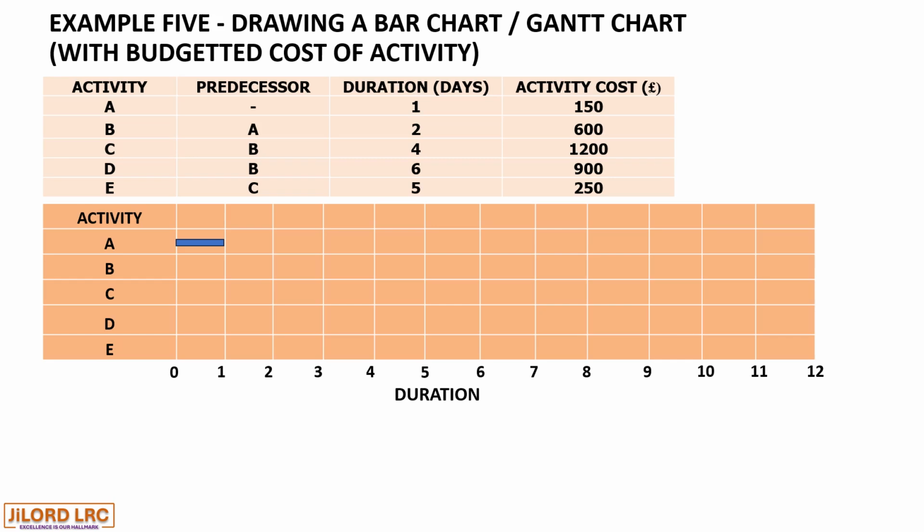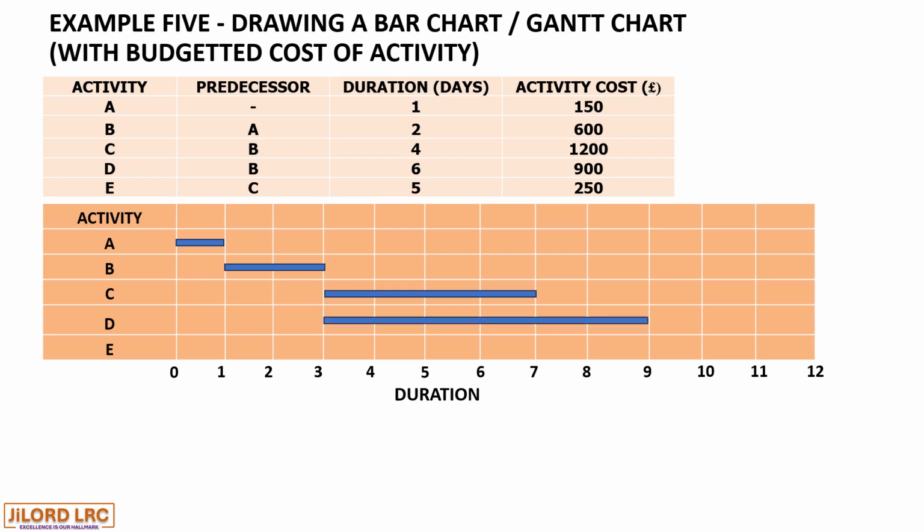Activity B with a predecessor A starts from the end of A with a duration of 2 days, giving us 3. Activity C commences at the end of activity B with a duration of 4, giving us 7. Activity D also starts from the end of activity B with a duration of 6 days, giving us 9.